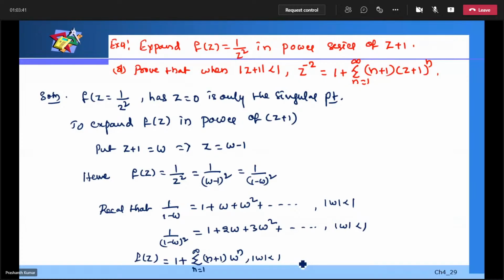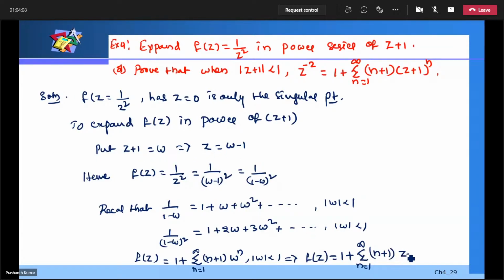Okay, this is the Maclaurin series expansion. From this we write f of z is equal to 1 plus sigma, n runs from 1 to infinity, n plus 1 into w to the power of n, where w is equal to z plus 1.